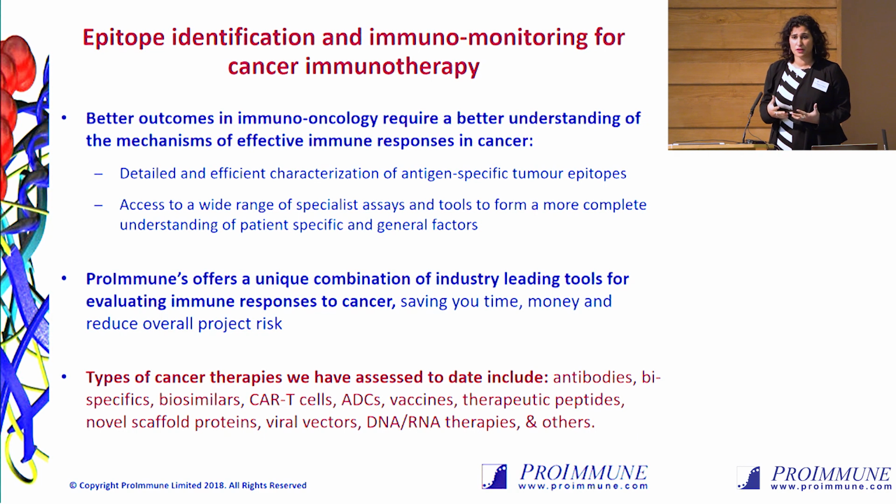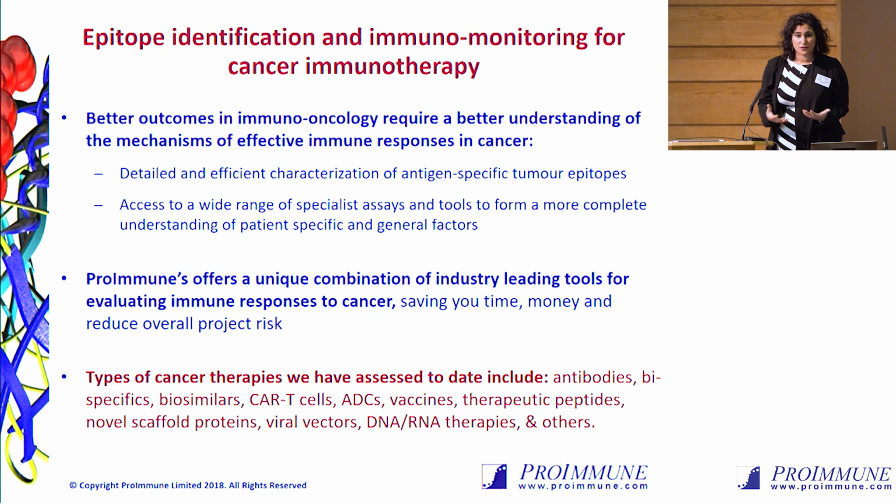With regards to cancer therapy in particular, we have worked over the years on a broad range of cancer therapies, and therefore have become experts in the identification of those responses to your drug, or to the tumor epitopes that have been identified.